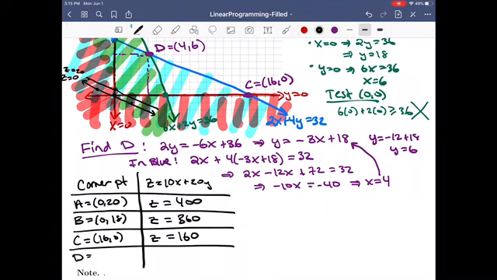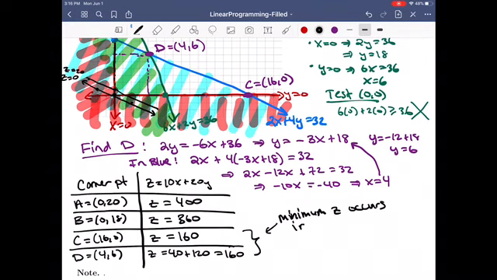And corner point D is (4, 6), so our z is going to be 40 plus 120. So that's also 160. Notice that our minimum z occurs in 2 corner points. Remember, the theorem said it could happen in 2 corner points.